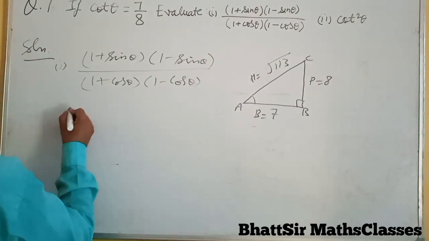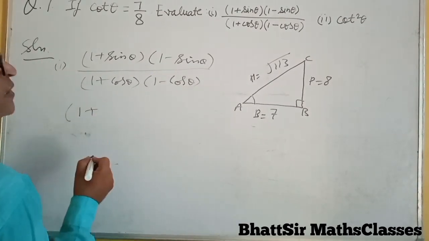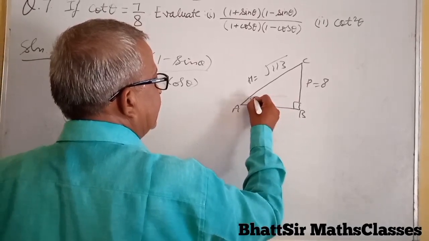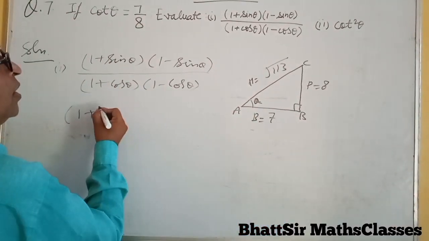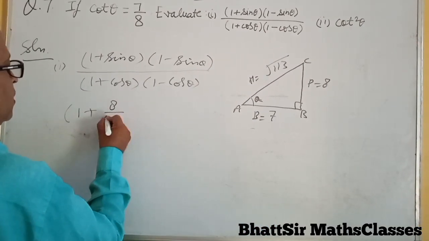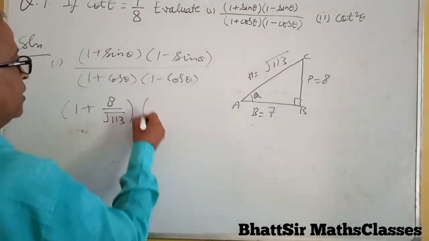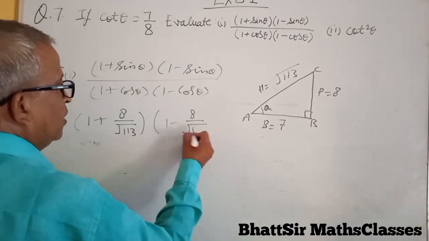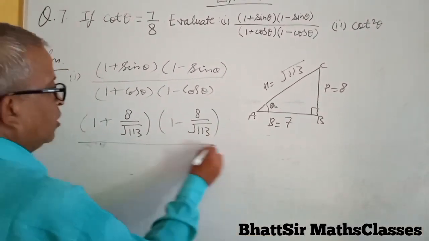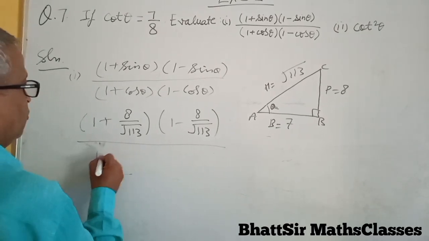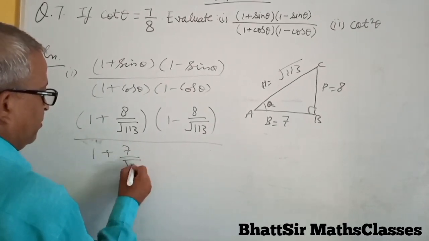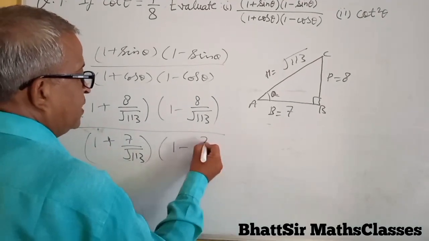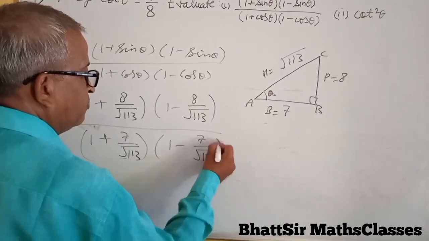Put these values. 1 plus sin theta, which is 8 upon under root 113, times 1 minus 8 upon under root 113, over cos theta, 1 plus 7 upon under root 113 times 1 minus 7 upon under root 113.